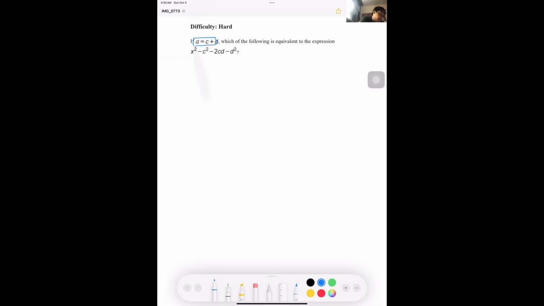Which of the following is equivalent to the expression this? Okay, so x squared minus c squared minus 2cd minus this. So we need to find something in terms of this to bring this into play. This was actually an MCQ question, but I just picked it up because it felt interesting. x squared minus, if we take the minus common, then c squared plus 2cd plus d squared.